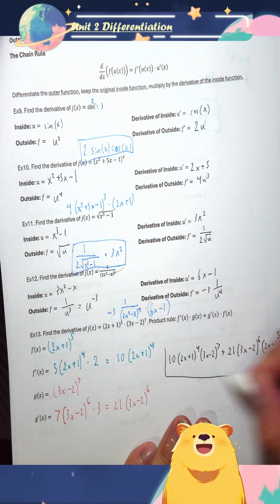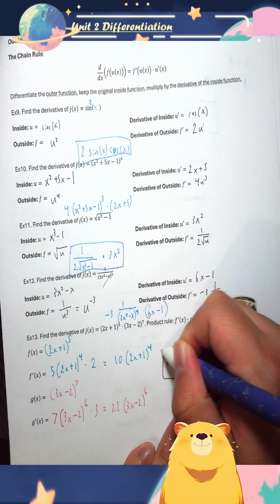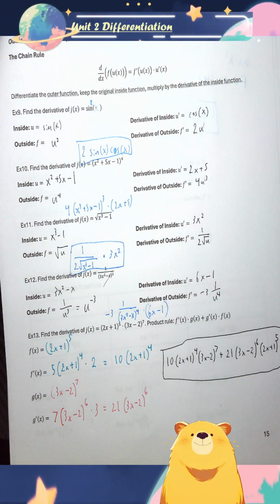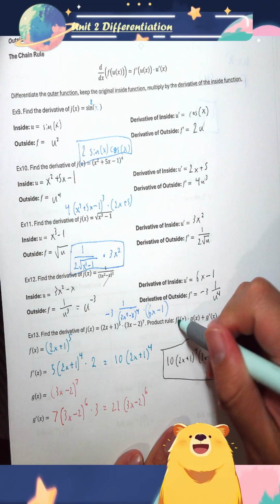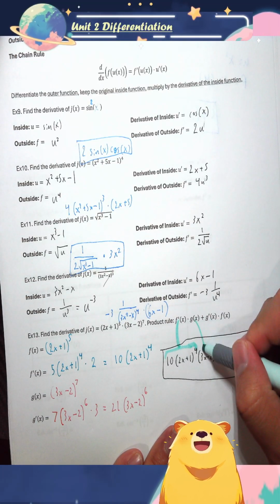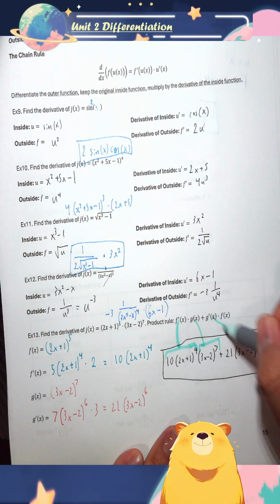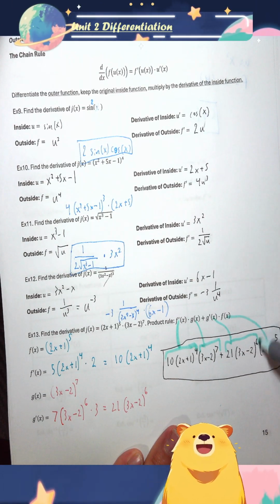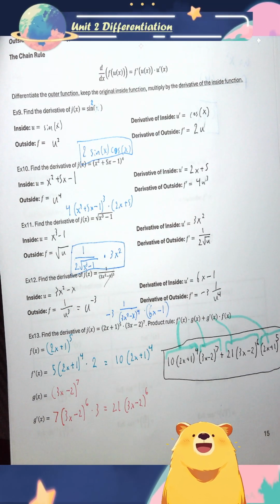And that would be your answer. Keep in mind all of the bits and pieces that we plugged in. So this was f prime of x, this was g of x, this was g prime of x, and this was f of x.